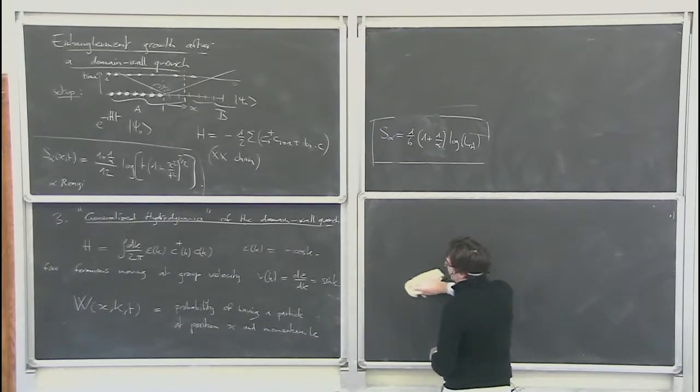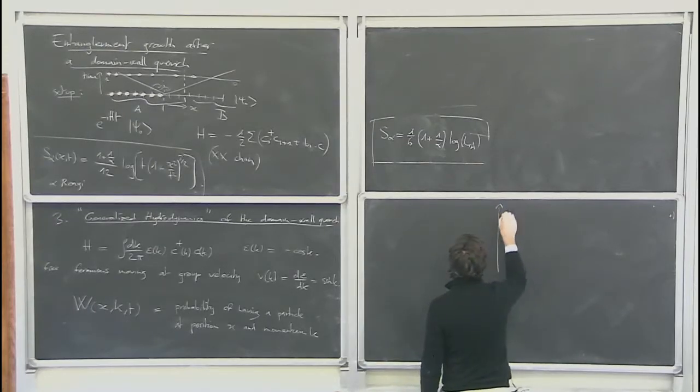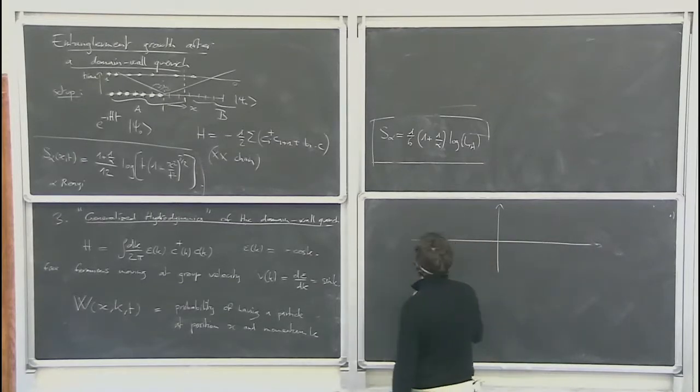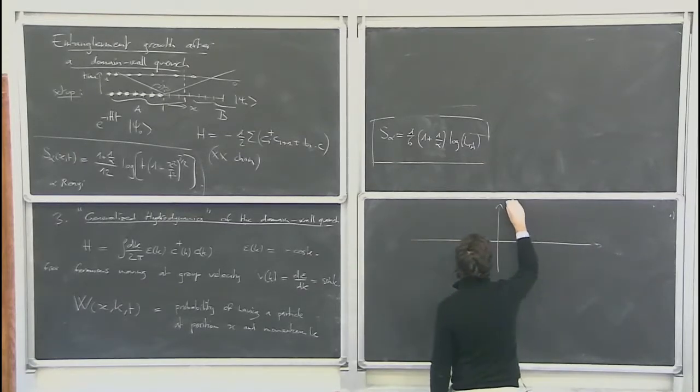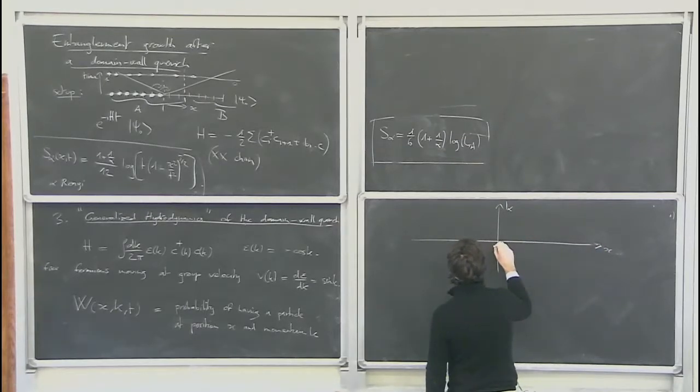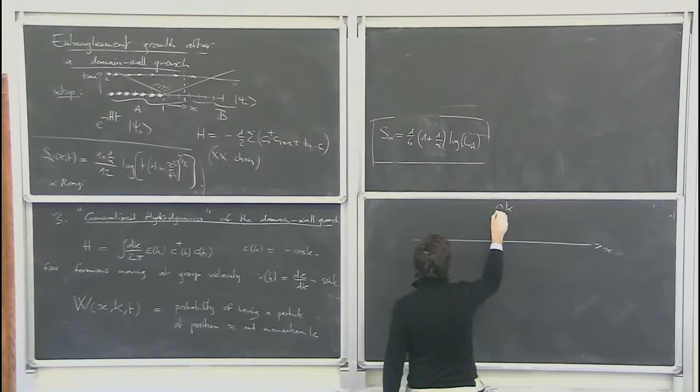And so because the particles are free, what's going to happen is the following. I can picture my initial state as this. So initially, this is now phase space. This is x, this is k. K goes from minus pi to pi.